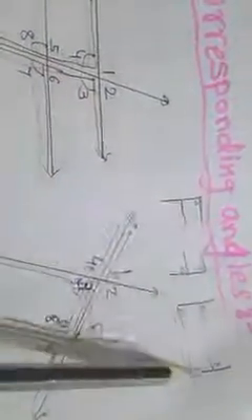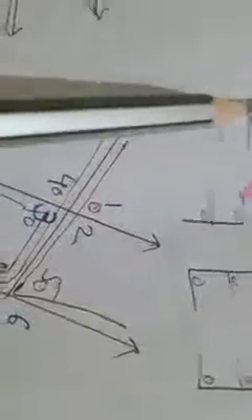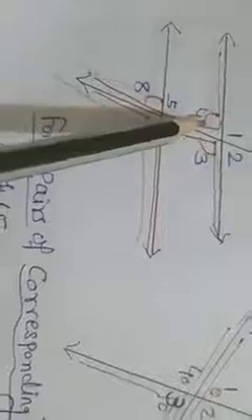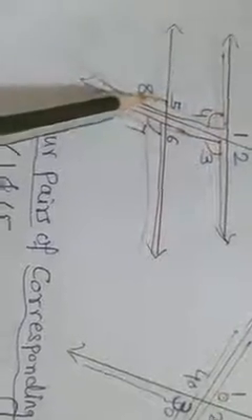It is the English alphabet, capital F. And in that capital F, these two angles are there. These angles are known as corresponding angles. Then tell me which are the corresponding angles here. 4 corresponds with 8, 3 corresponds with 7.